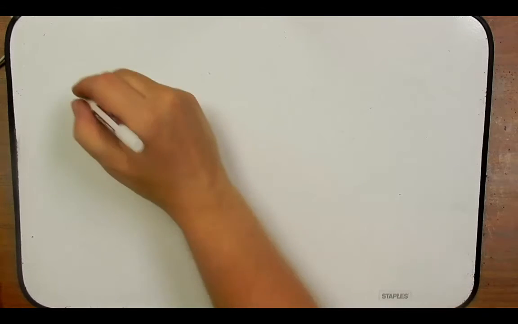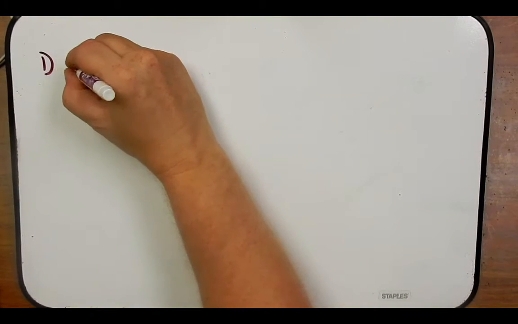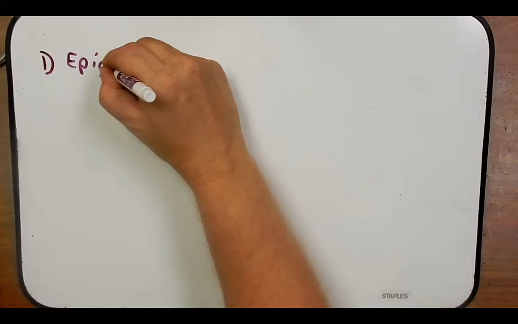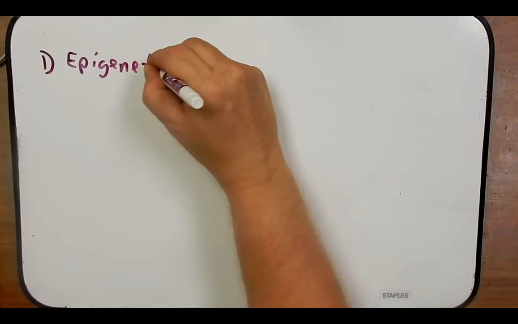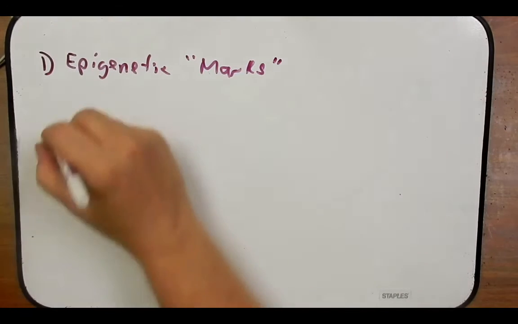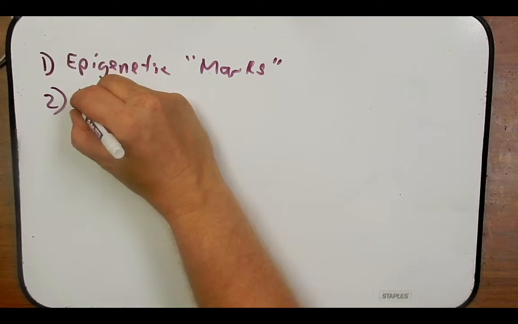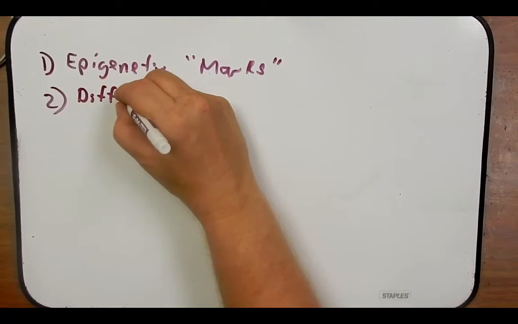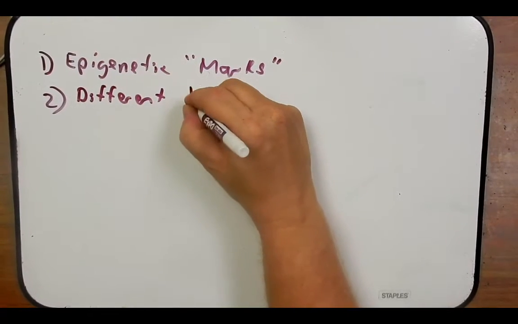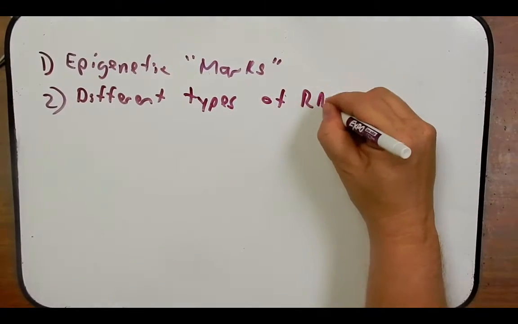In this podcast, we're going to talk about three broad things. We're going to talk about epigenetic marks, really just introducing it to you in a very general way. And then I want to remind you of the different types of RNA molecules.